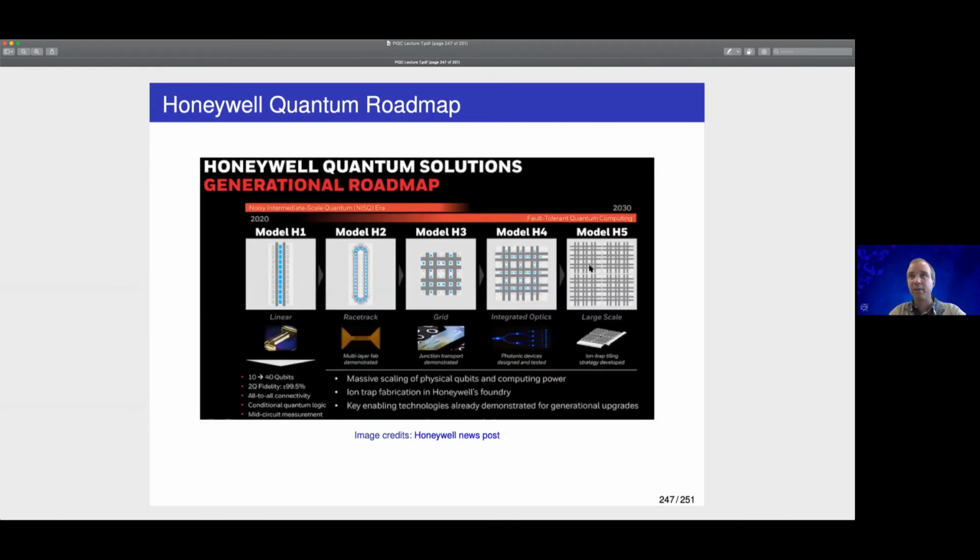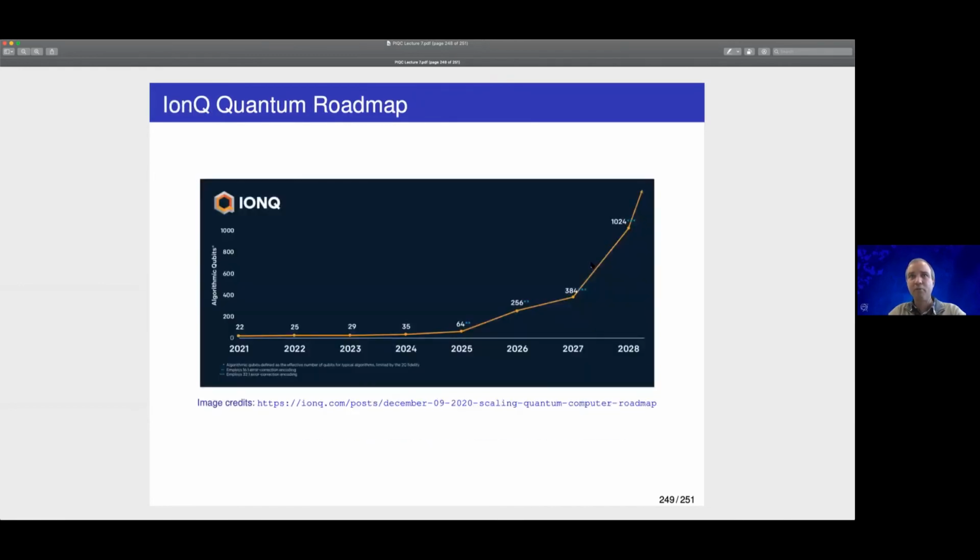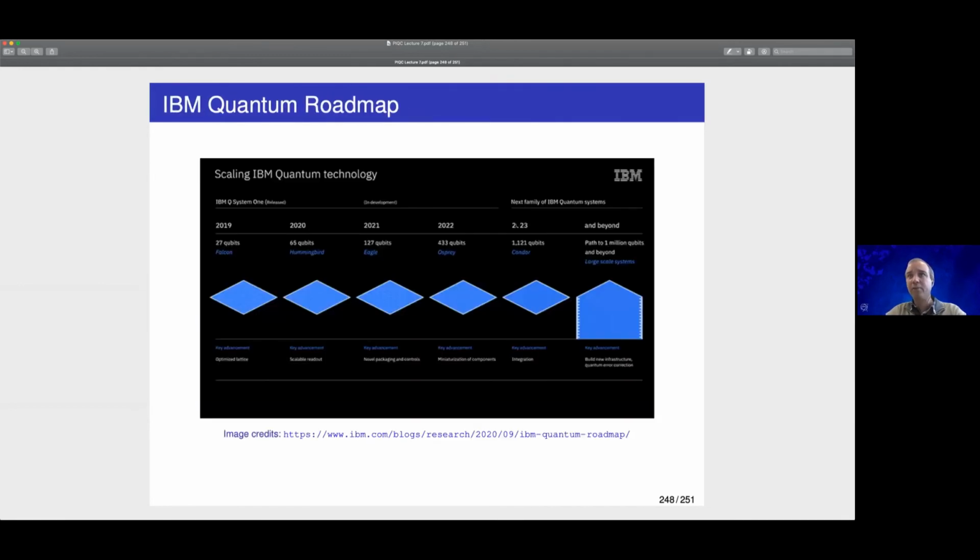Okay, so this is something that is also common for other companies. For instance, IBM is also aiming at this 1 million qubit goal. They propose to have more than 1,000 qubits by 2023.